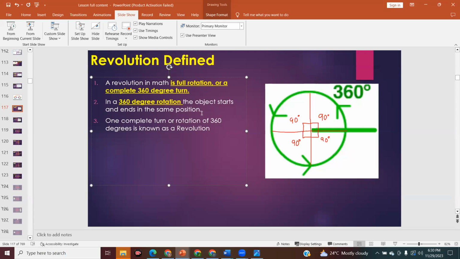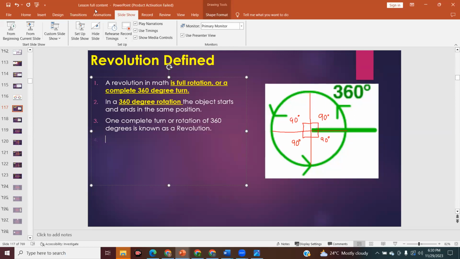And if we think about it, how many 90 degrees do we have inside of a revolution? 4. How many? 4, very good. So we have 4 90 degrees in a revolution.